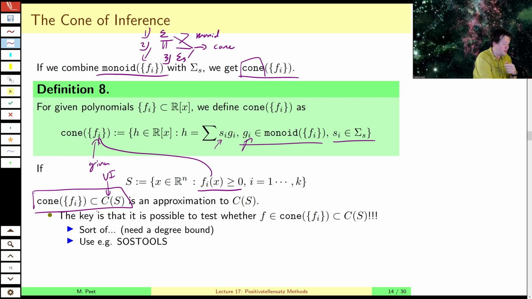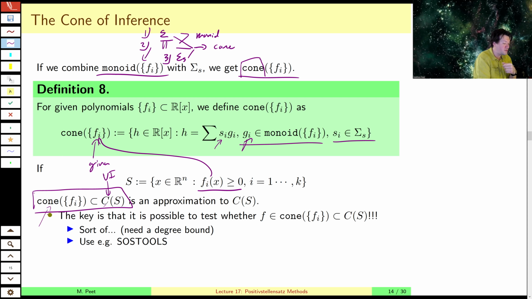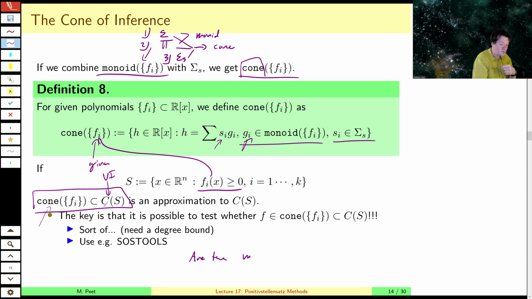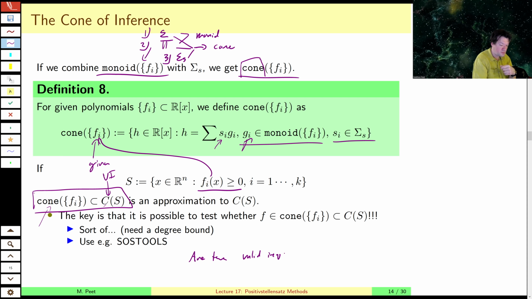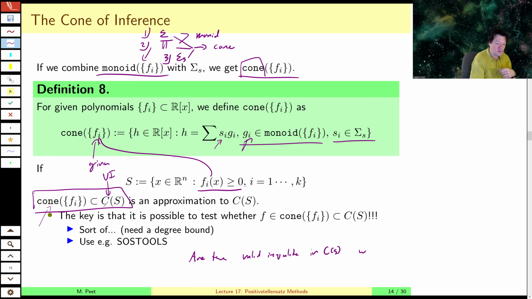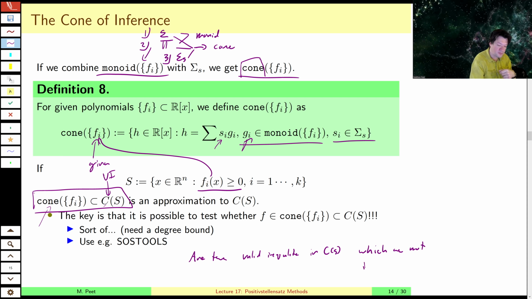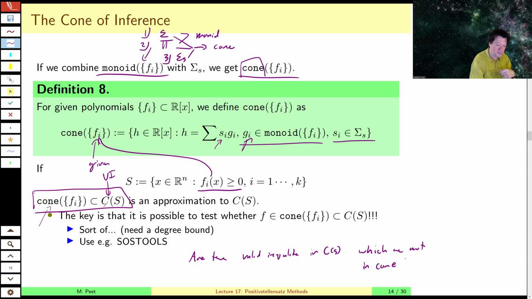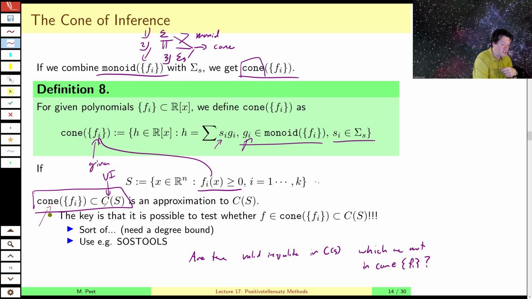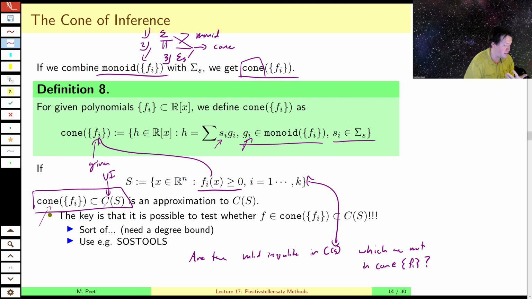Are there any valid inequalities in C of S which are not in the cone? Assuming, of course, C of S is defined by the FIs. So that's an assumption.